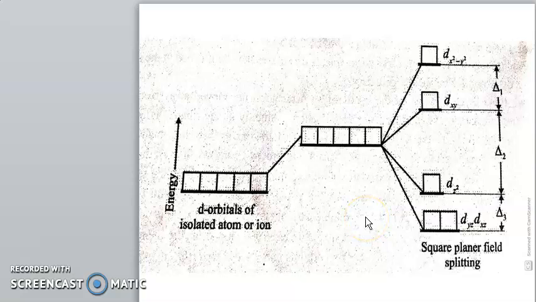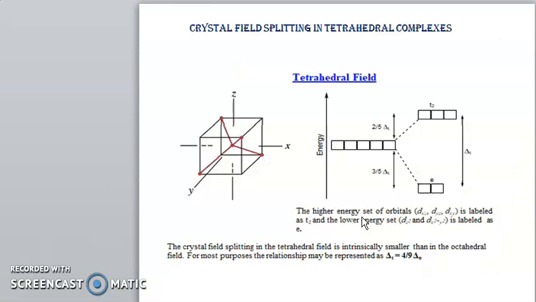So imagine a tetrahedron inscribed in a cube. Okay, this one is the cube and here is the tetrahedron. Here is the x-axis, then here is the z-axis, and this one facing us is the y-axis.